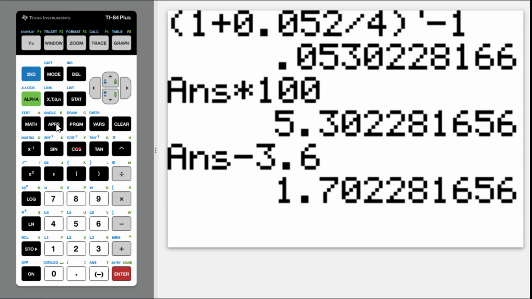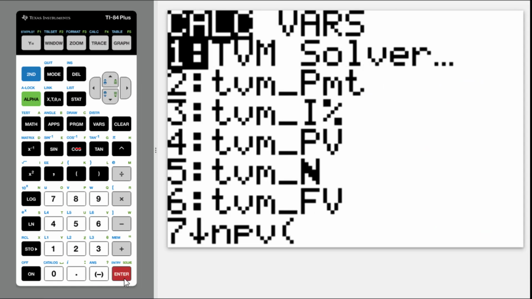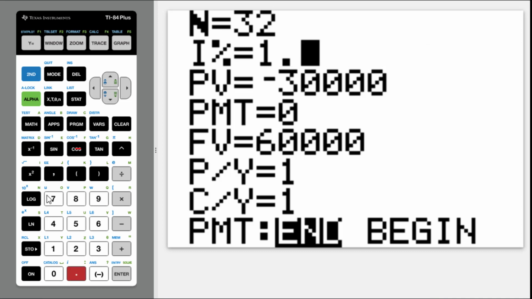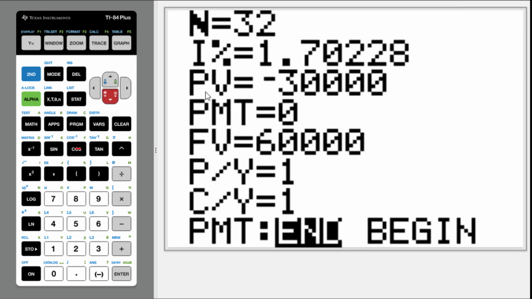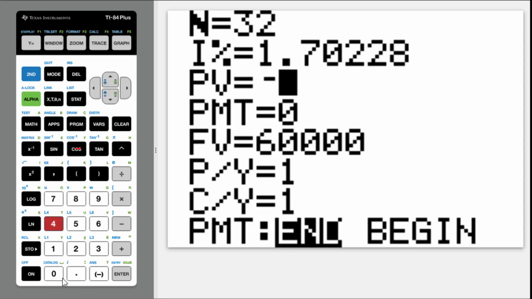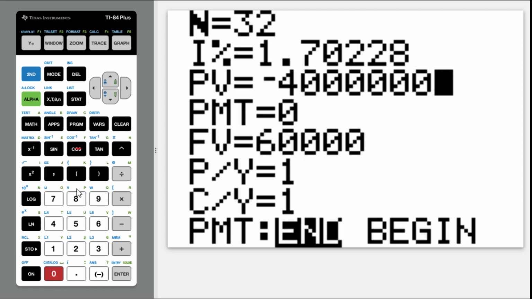Now we go to apps, enter, 8 times 4. Percentage will be 1.70228. The principal is negative 4 million. PMT is 0.